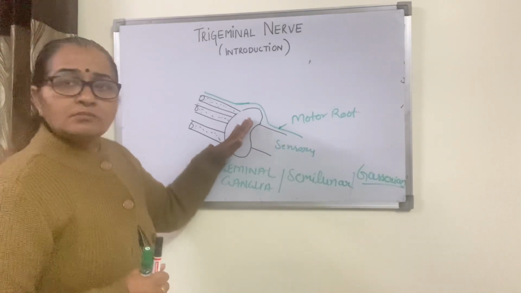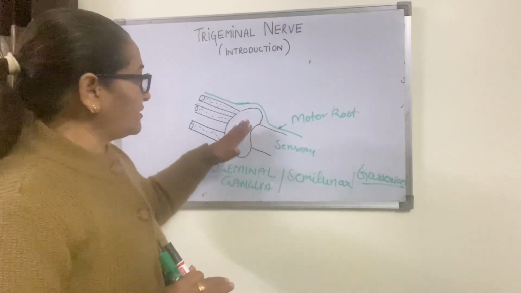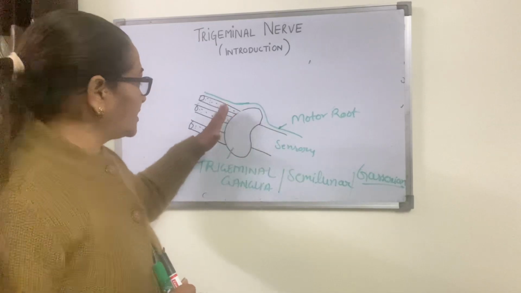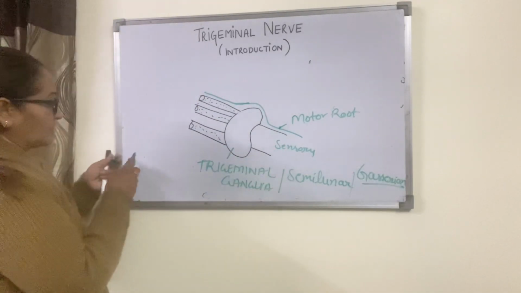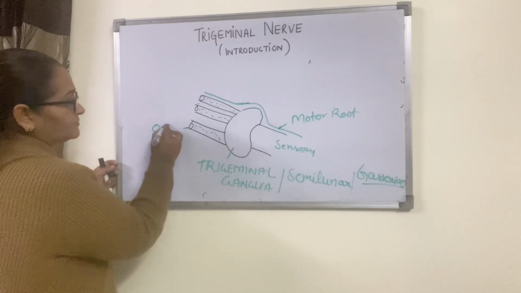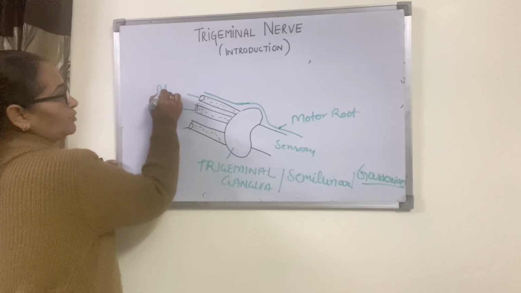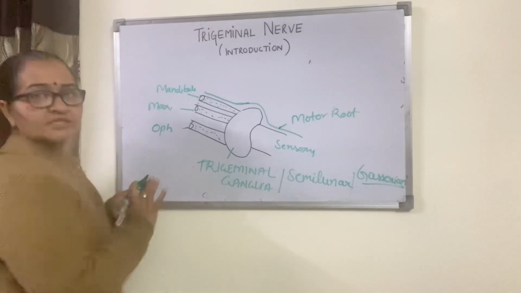Nothing else is related in this ganglion. This is a sensory ganglion. From one end, it is attached to the brain through the sensory root. From the other end, it gives the branches. So this is the ophthalmic division, this is the maxillary division, and this is the mandibular division. Up to this we will discuss in this lecture.